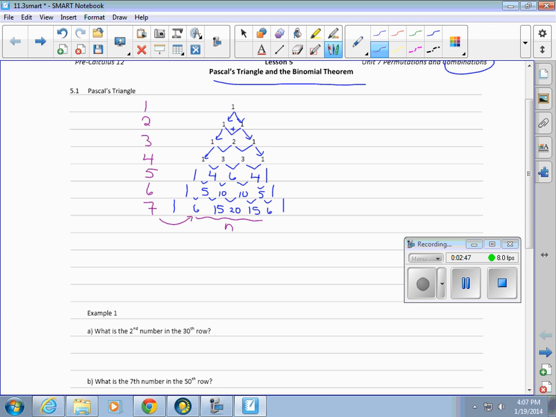This relates to our combinations, in that if you were to take whichever row, let's do this 6th row here, and look closely at it, you will see a pattern following that uses combinations. So I take my 1, my 5, my 10, 10, 5, and the 1.